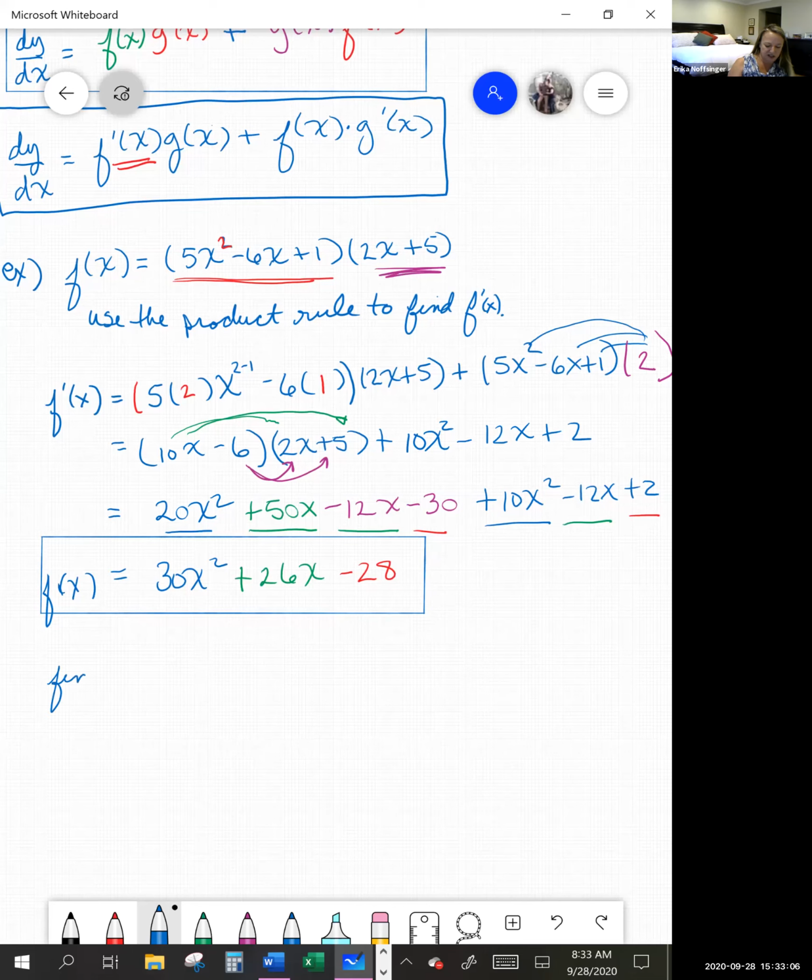So let's just show it because I think it's much faster in this case if we just distribute. So find f prime of x by first distributing, before you take the derivative.